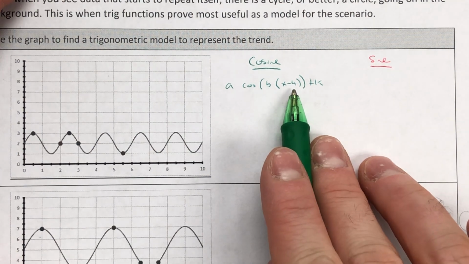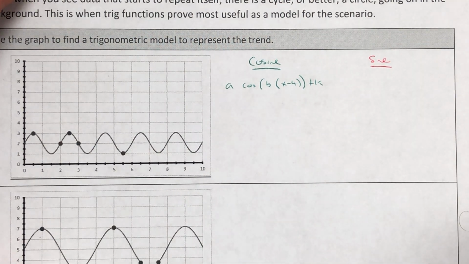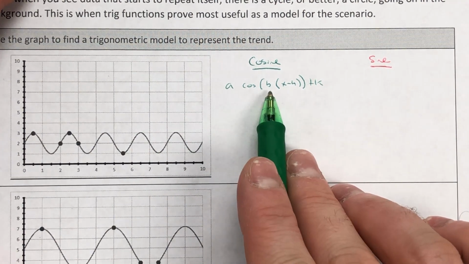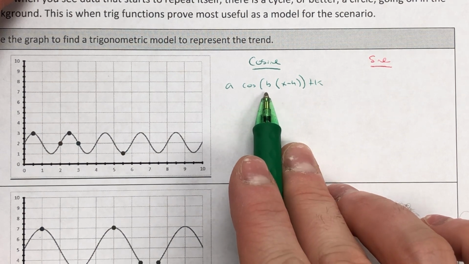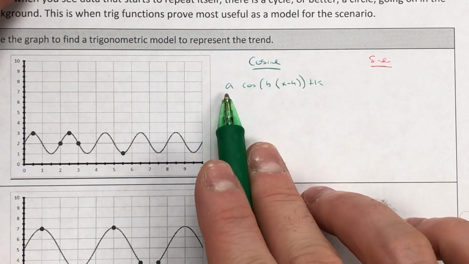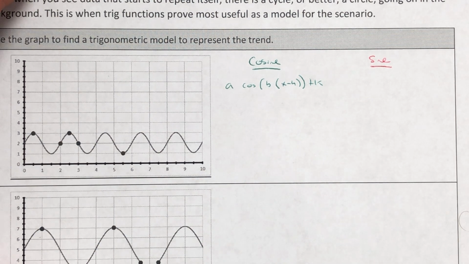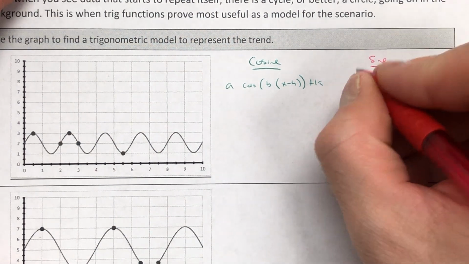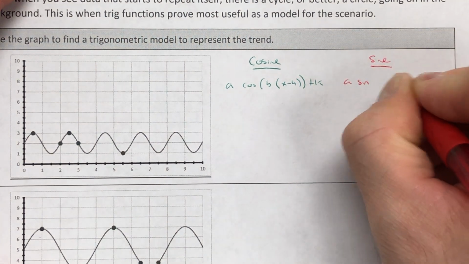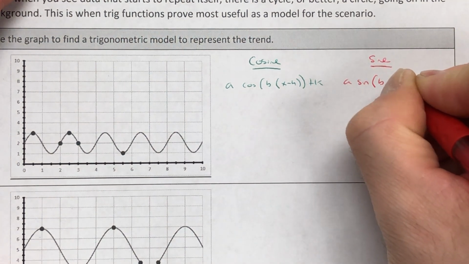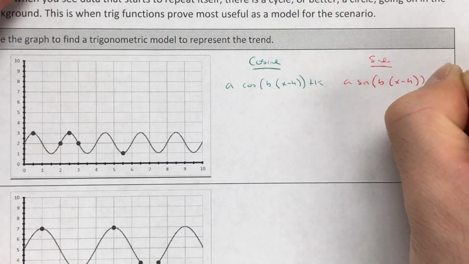This is going to tell us our left-right, our up-down motion. It's going to tell us our period, or lead us to our period, and then our amplitude and our original direction of the graph. Sine is going to be a very similar function: a sine of b(x minus h) plus k.